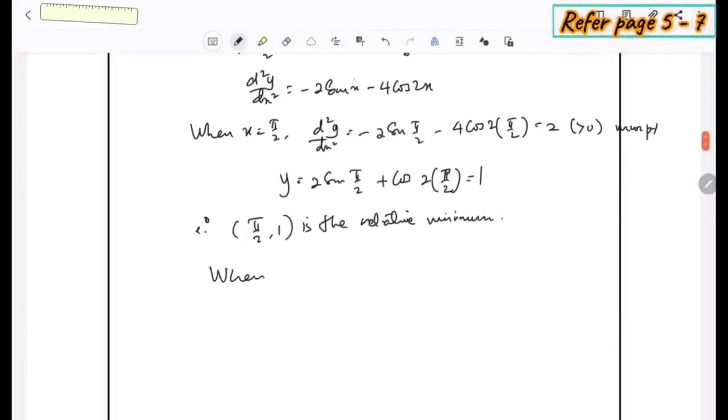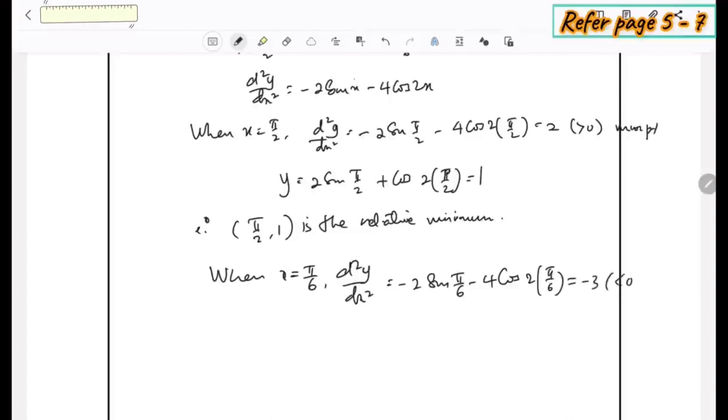When x equal to pi over 6, d squared y over dx squared will be negative 2 sine of pi over 6 minus 4 cos of 2 times pi over 6. So we have this to be negative 3, which is less than 0. So automatically we know that this is the maximum point.